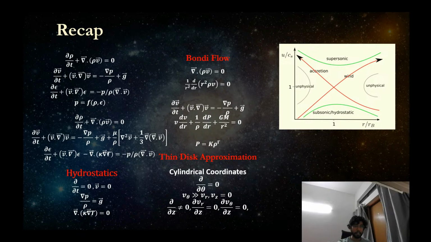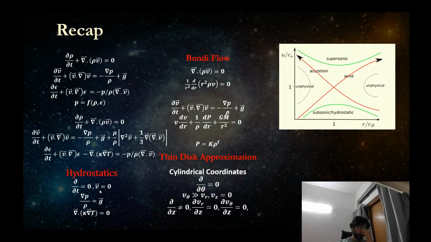Now we tried to see what could be the condition for this fluid to be in hydrostatics. Hydrostatics is, as the name suggests, when the fluid velocity is zero and there is no change in time, so it's completely in steady state. So del/del t is zero, and the velocity of the fluid is zero.